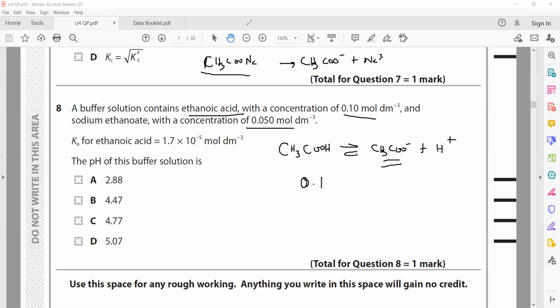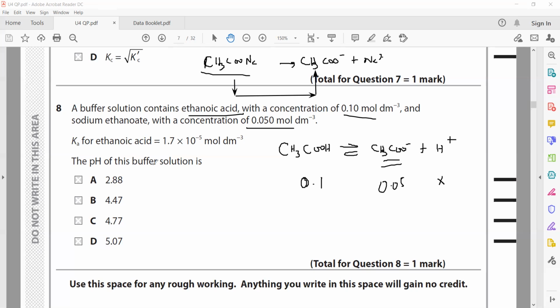So both will have the same concentration, which will be 0.05. And what about hydrogen ion? It is unknown, we don't know.